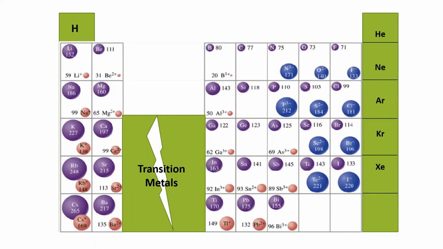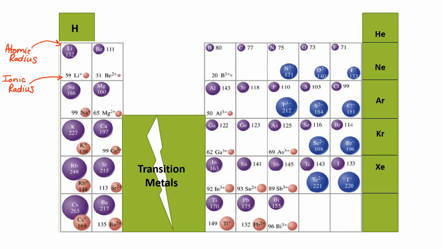Okay, so now let's look at the trends that we see for ionic radius. Don't get overwhelmed by this kind of crazy chart, because the purple is actually showing us what we already know. The purple is the atomic radius, and down here, this is the ionic radius.